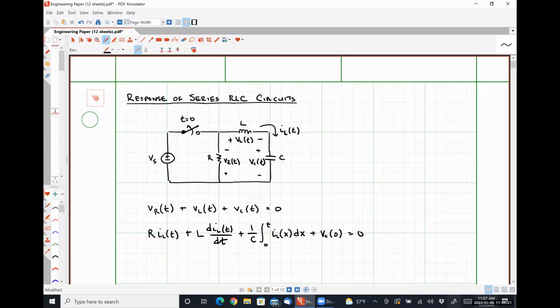And we now have, again, an integral differential equation that we are going to make a second order differential equation by taking the derivative of both sides.